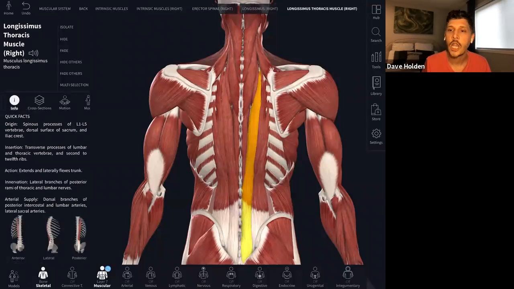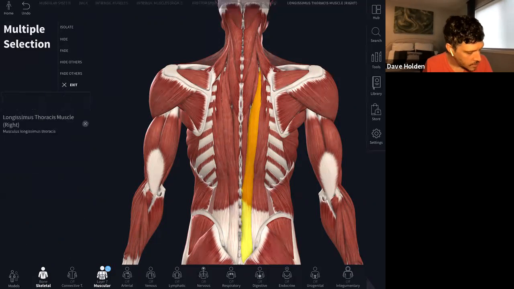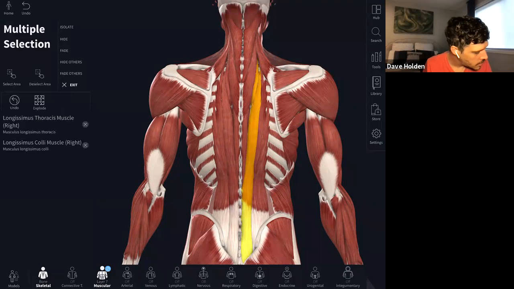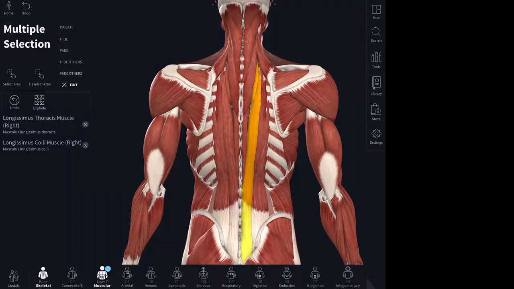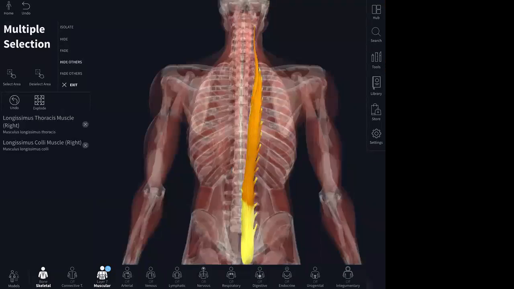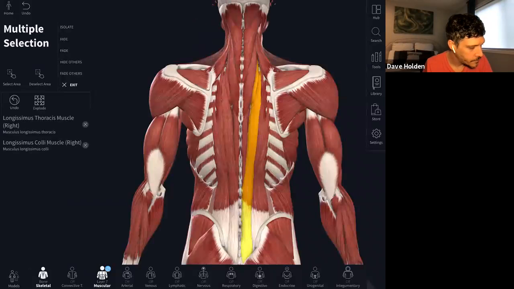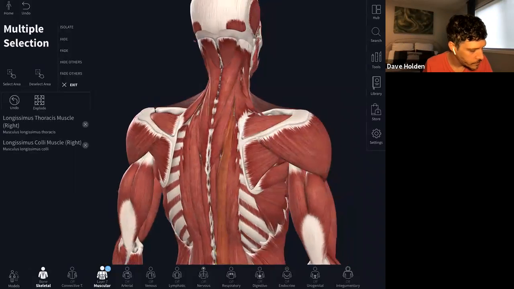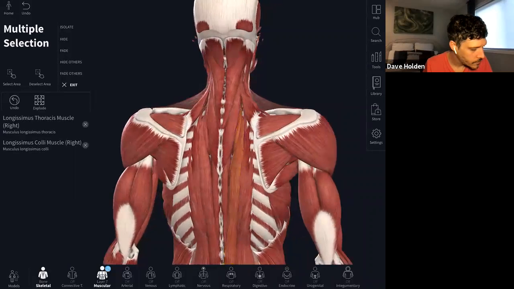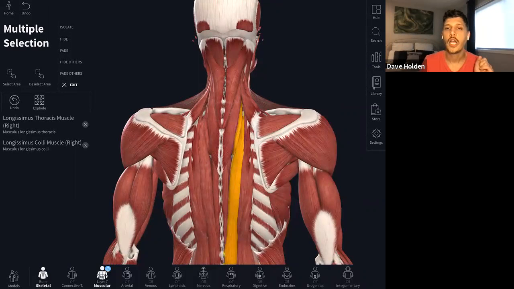The next one is longissimus. Anyway, take my word for it.